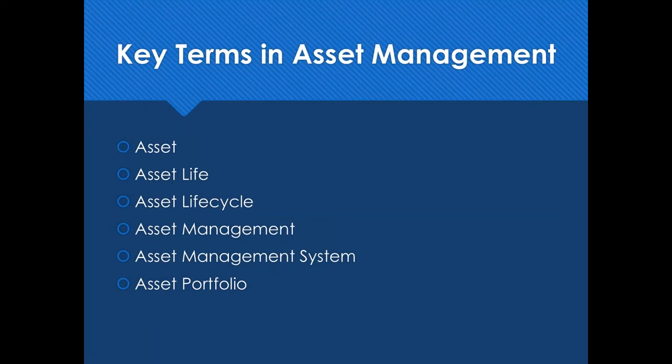And then asset management is coordinated activities to realize the value of the asset. A great example would be a motor or a pump. When you put this to work, you have the design guys who design the system, then the commissioning guys who perform the commissioning work, and then it goes through the maintenance cycle, where people perform preventive maintenance, predictive maintenance, or run-to-failure operations, and then it goes through the end of the cycle.